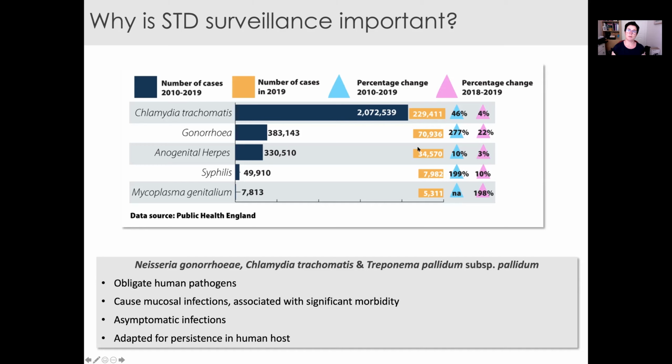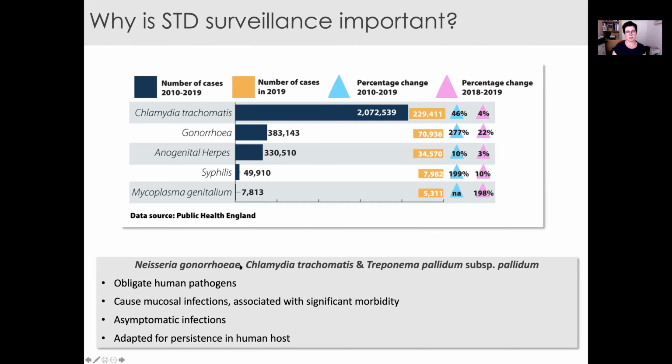And really the overall trend is that there is an increasing trend in all of these STDs in England. And this is something which is seen globally, and which cannot be attributed to improved diagnostics only. So really there is a need for continued surveillance of STDs.